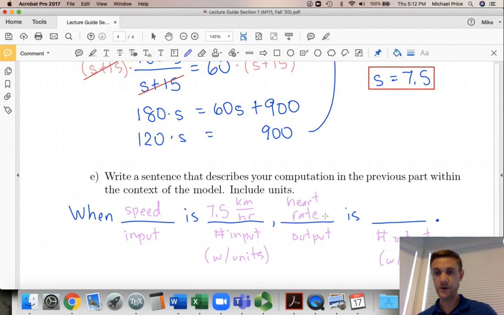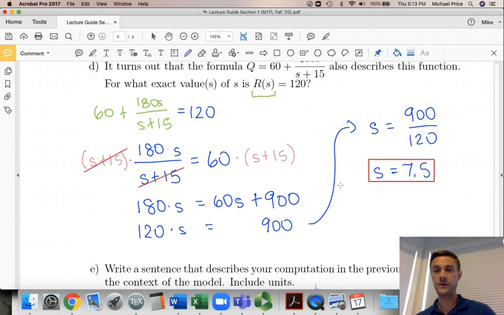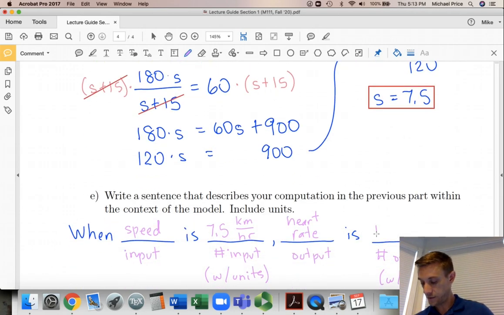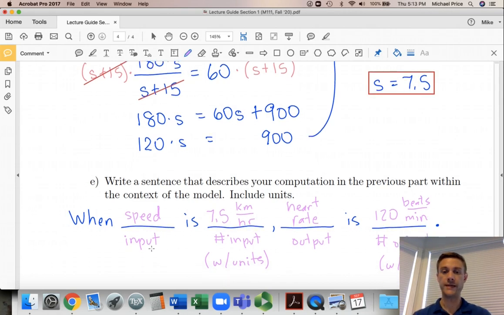That's the quantity we were measuring. And the actual number, we probably lose track of this a little bit because they gave it to us. It's been a little bit since we had to think about it. 120 was that output. So we're saying 120, and then units on that as well is beats per minute. Okay, so that is technically a sentence. When speed is 7.5 kilometers per hour, heart rate is 120 beats per minute.